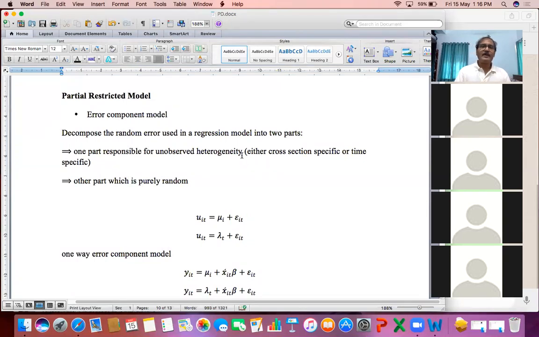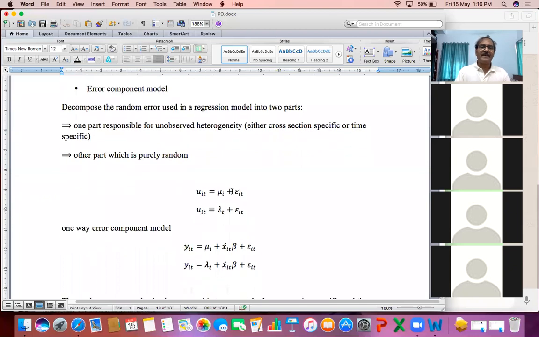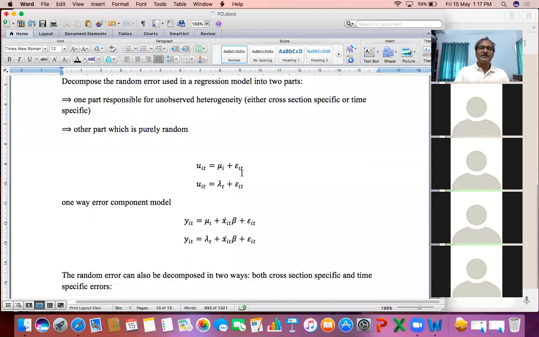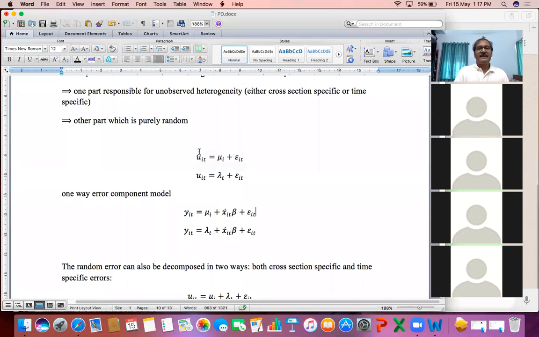So the error component model, we are discussing the error component model. The error component model appears when the random error is decomposed into two or more parts. So how do we decompose the error? One way is to decompose the total error into two parts.